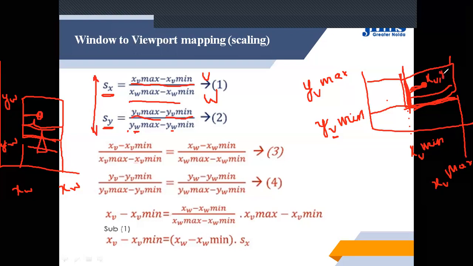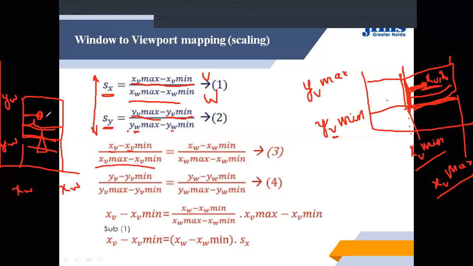So when we have to find out the length of this, or the distance of this from the x-axis, it is XV minus XV min, where this is XV min, divided by XV max minus XV min.